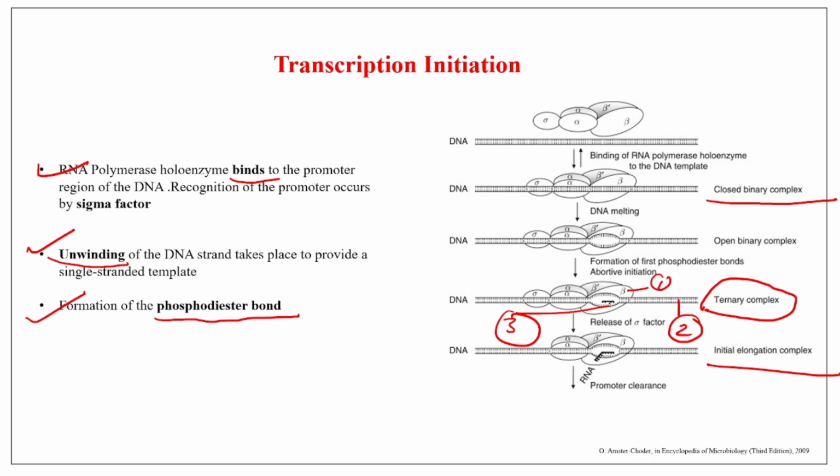But why does the RNA polymerase have to release the sigma factor? It can be bound to it. It can continue its work. Why does it have to release the factor? Can you think of a possible explanation?